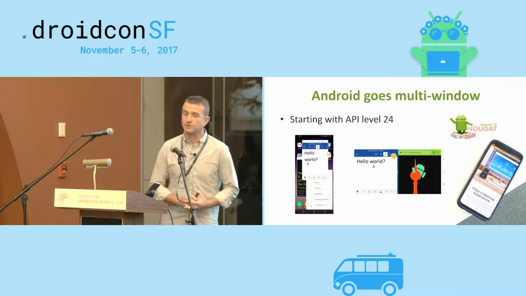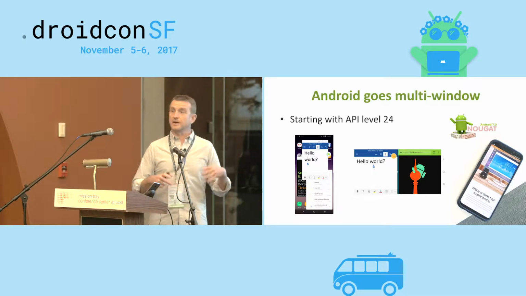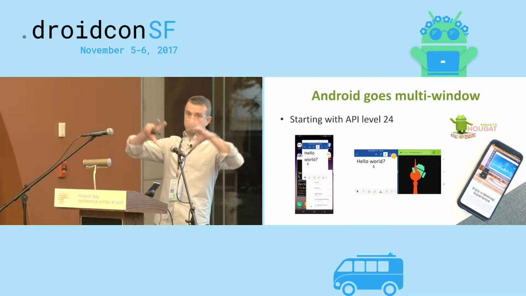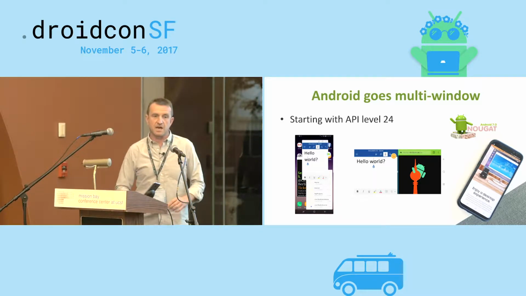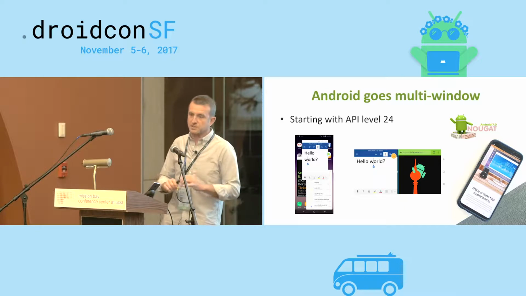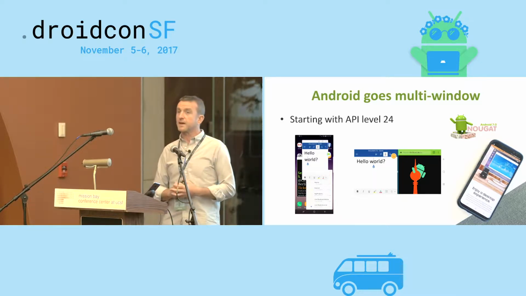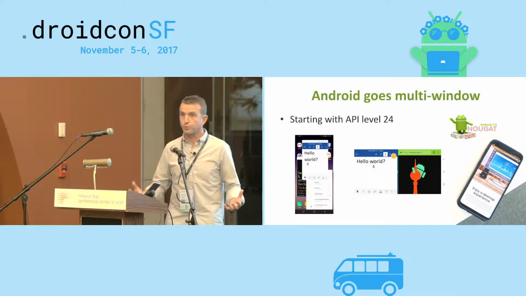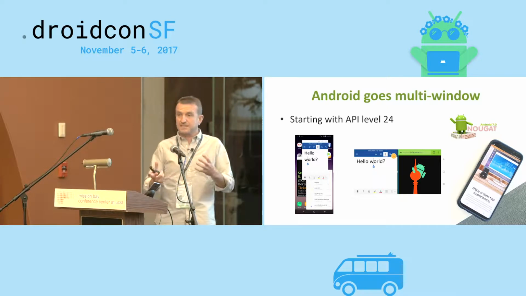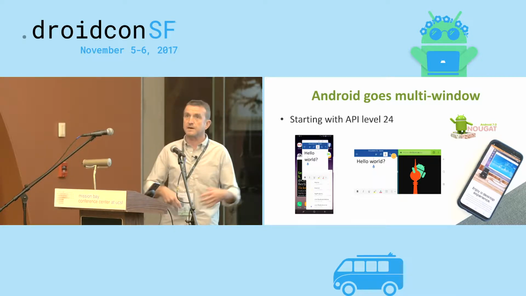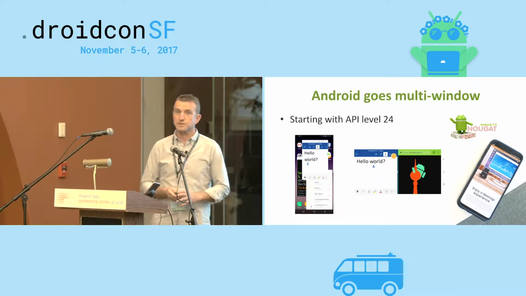Actually, about 3 years ago, I won an internal hackathon by putting together a custom Android launcher that would stretch the Android screen to a big TV screen and enlarge the icons. But it wasn't really that useful, because back then there was no multi-window support for Android. So my apps, I couldn't resize them, I couldn't maximize them. They were basically mobile apps deployed on a large screen.